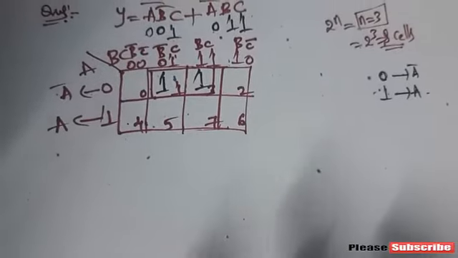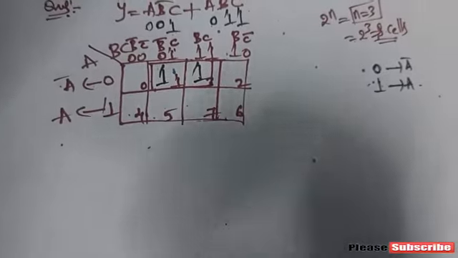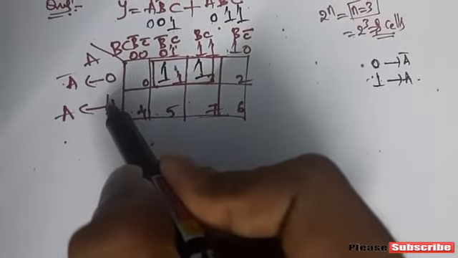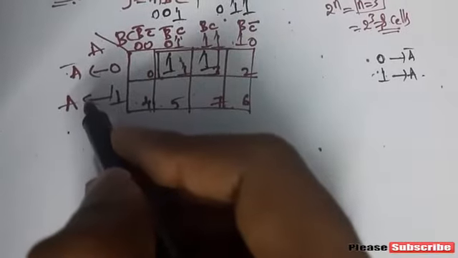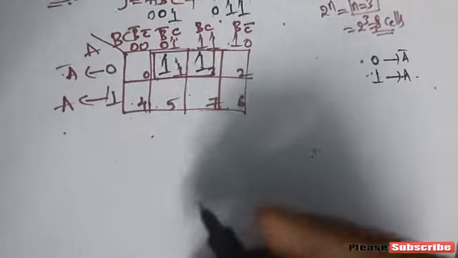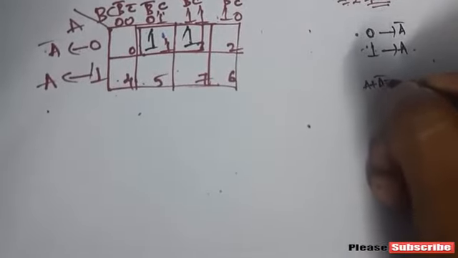If the variables cannot be matched, you just put it as 0. You already know that A plus A bar is equal to 1.